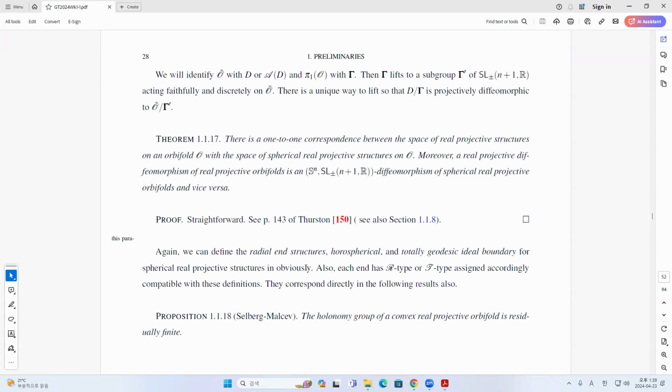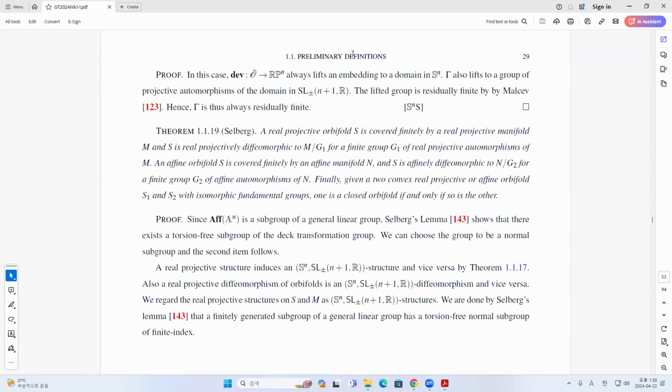Because of this, you can use the fact that the holonomy group of a convex real projective structure is residually finite: you can always lift to an embedding into S^n, and then any automorphism there is in the subgroup of SL_{n+1}(R). This is a linear group, so you can use Malcev's theorem to show it's residually finite.